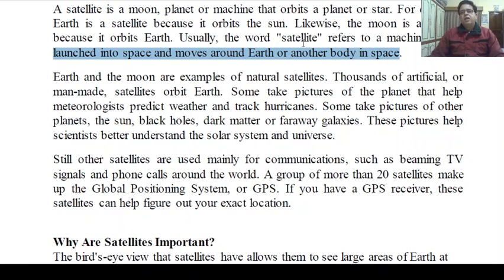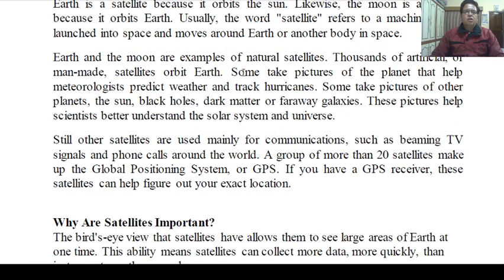Okay, a satellite is a device which is launched in space and moves around another object. Earth and Moon are natural satellites, as we already understood. Thousands of artificial or man-made satellites orbit Earth.